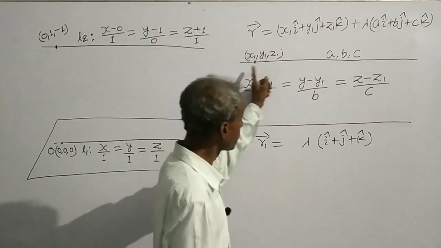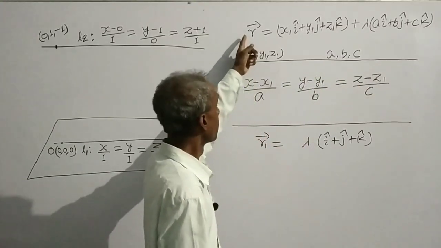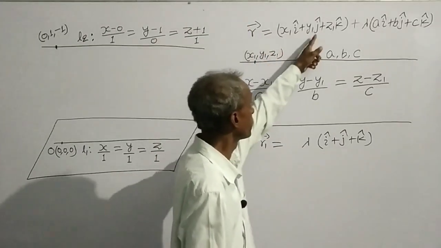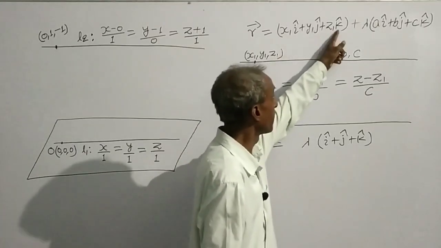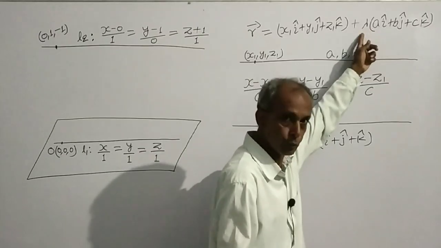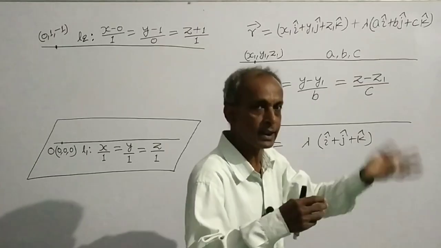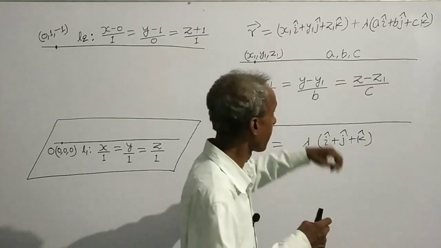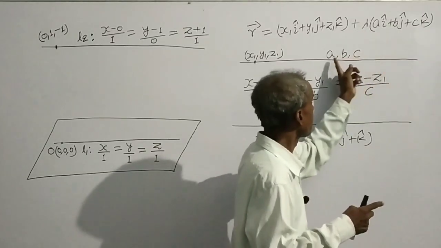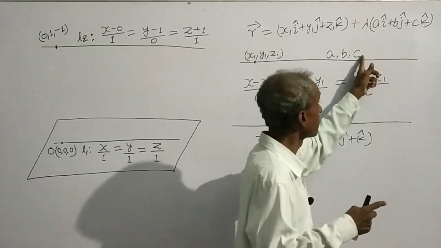And equation of this same straight line in vector form is written as vector r is equal to x1i plus y1j plus z1k plus a variable lambda. Either we use lambda or we use mu, or we can use any other variable like p, q, etc. So lambda times ai plus bj plus ck.